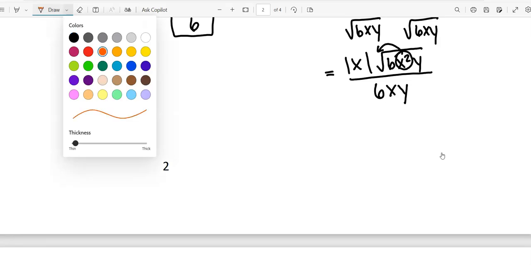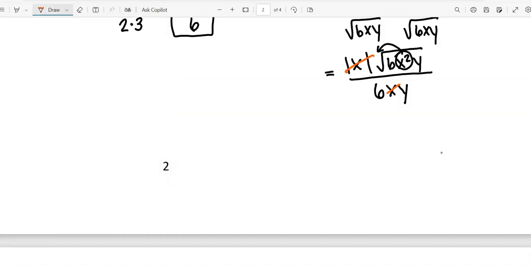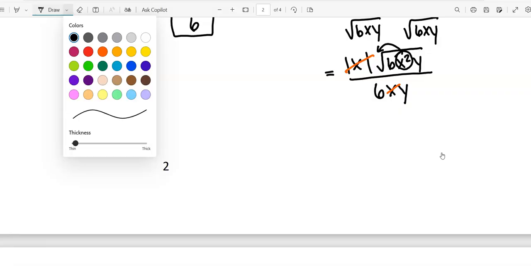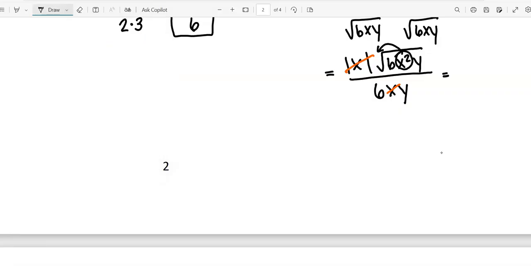Not in the square root, but on the outside of the square root. Don't you have an x and an x? So those make 1, right? We're still going to pull the square root of x squared out, so we're still going to have the absolute value of x on the top, the square root of 6y on the top, and then on the bottom will be 6y. Is there anything else we can simplify?